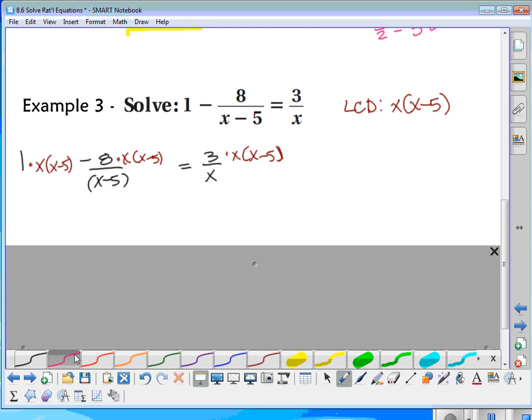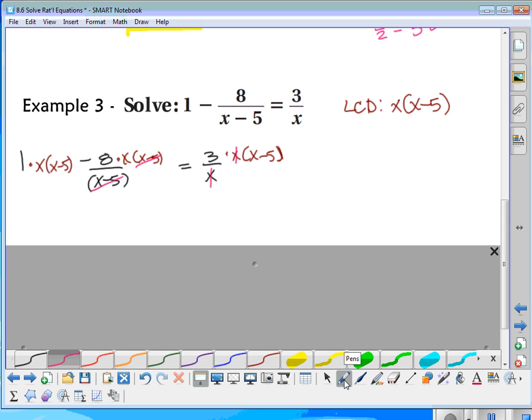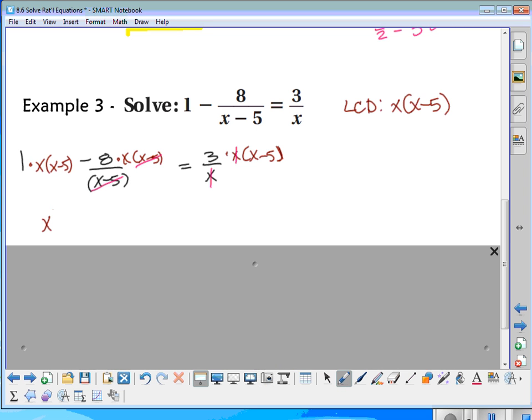All right, so here my x minus 5's cancel out, and there the x's cancel out. And then it's just a matter of multiplying everything that's left over. So if I distribute my x into the x minus 5, I get x squared minus 5x. And then I have minus 8x equals, and then I have to distribute the 3 here, so 3x minus 15.